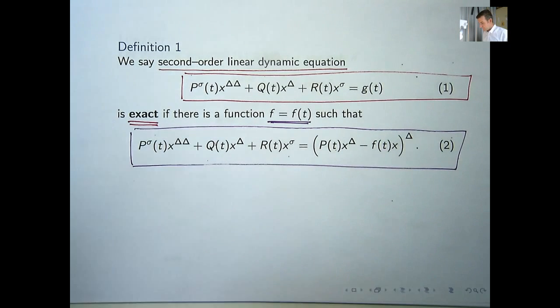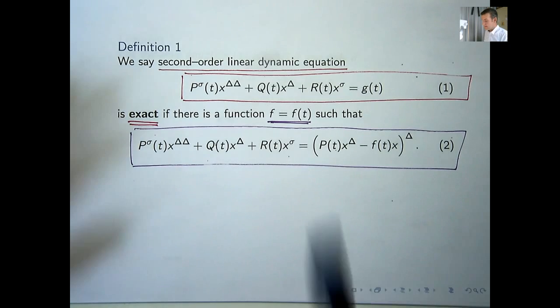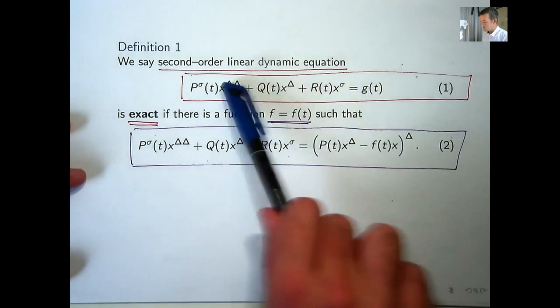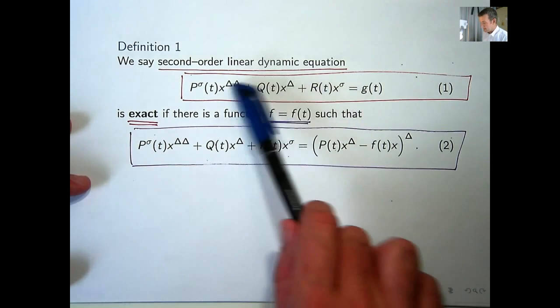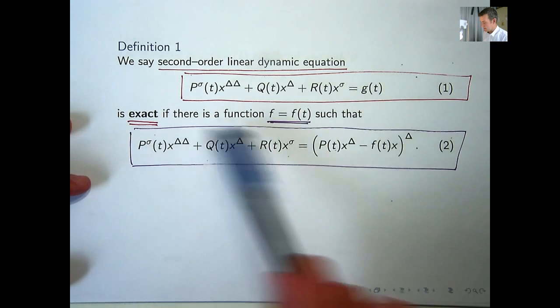Now, of course, to understand this notation, you'll need to know a little bit about timescales and dynamic equations on timescales. If you don't know anything about those areas, just think of these deltas as derivatives, okay? And you can forget about the sigma here.